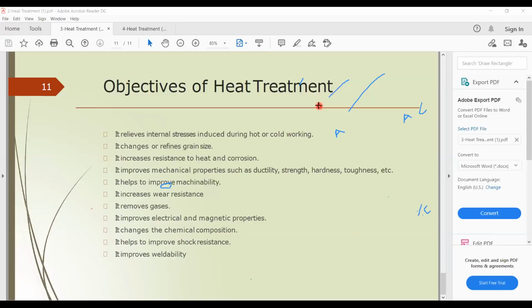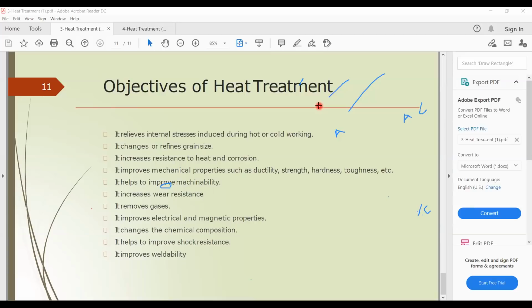And the third one you have to remember is what physical properties are available, because to change the physical properties you are doing this heat treatment process. So what are the physical properties available? You have to remember: softness or hardness, internal stress, corrosion resistance and wear resistance, ductility, strength, toughness, electrical property or magnetic property, shock resistance, welding ability, casting ability, machining ability, or machinability.